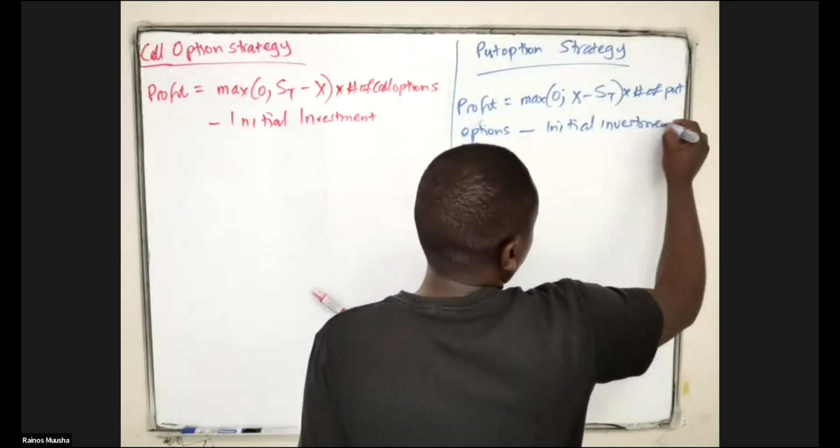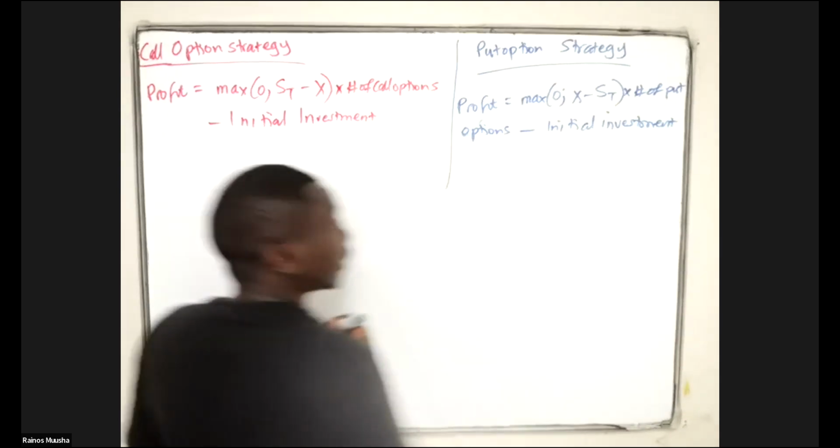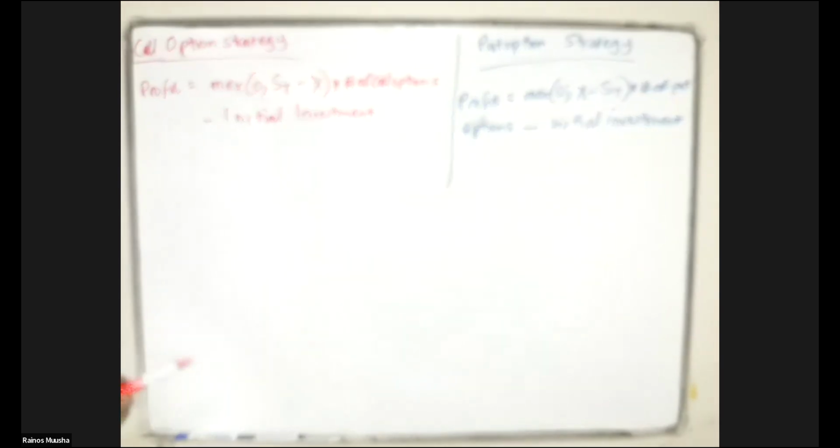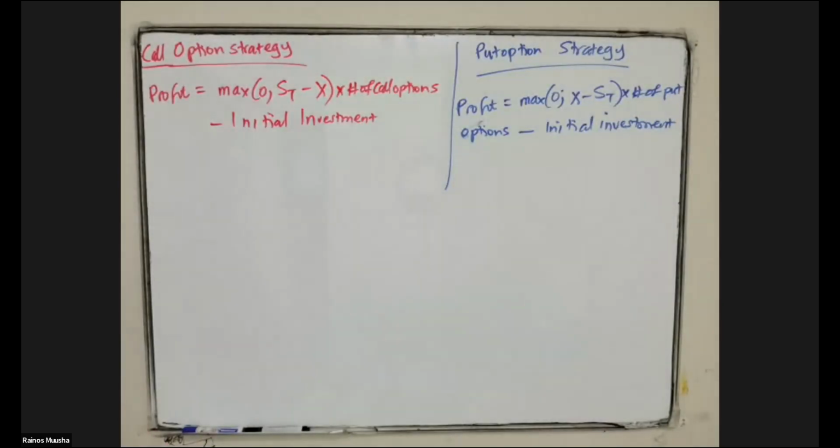So far, we have been looking at scenarios dealing with call options. The most common questions that I've seen are dealing with call options, but you can also look at trading put options as well. Are we on the same page?